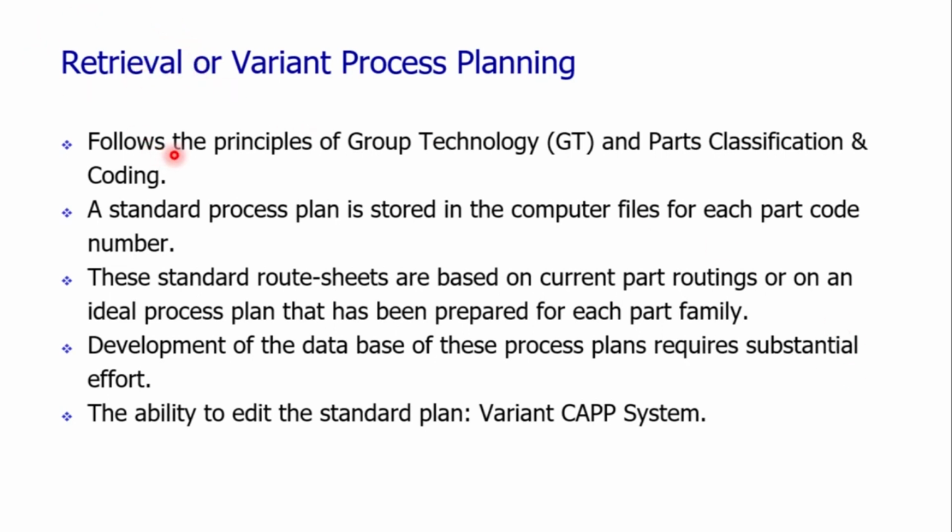The existing database, existing knowledge in terms of the ideal plan will be taken out, will be retrieved, and that would be edited. As it is being edited, it is called the variant process plan. So the retrieval or variant process plan has the capability of editing the standard plans.